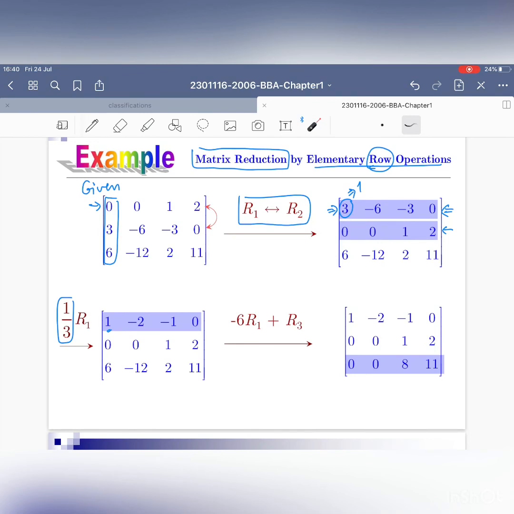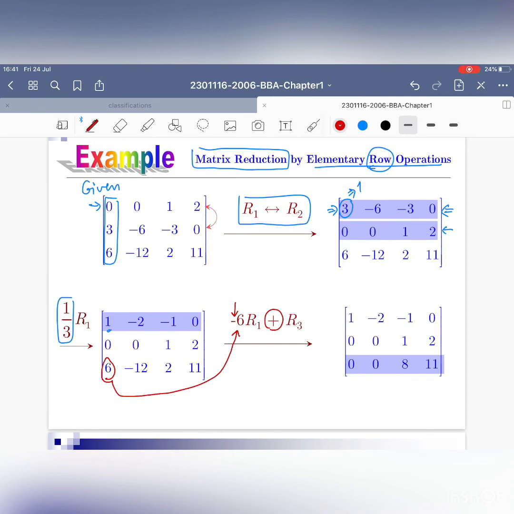You just keep your third row as it is, but because here it is a 1, you can change your 1 into any number by multiplying by that number. You need to get rid of 6, so you multiply by the opposite number of 6, which is negative 6. So you multiply negative 6 to your R1, and then add it to your R3.